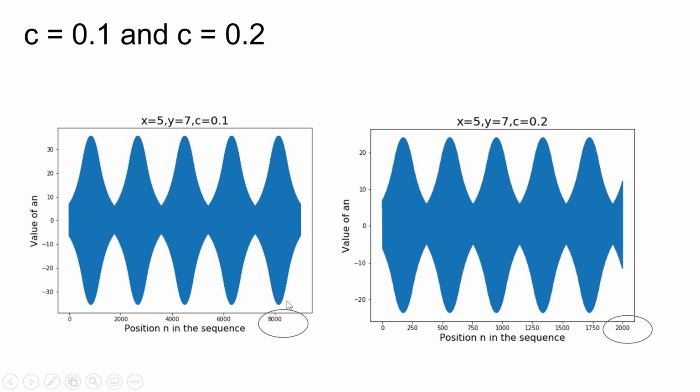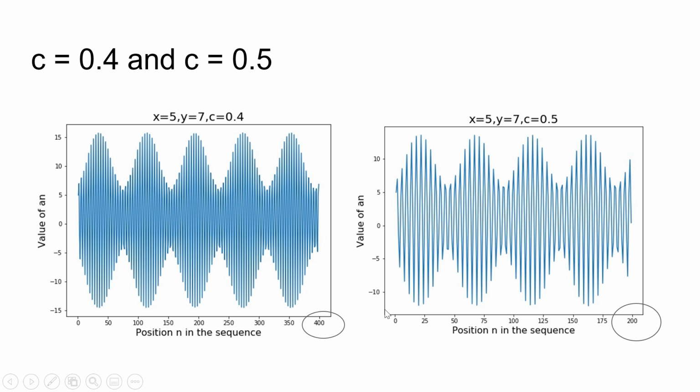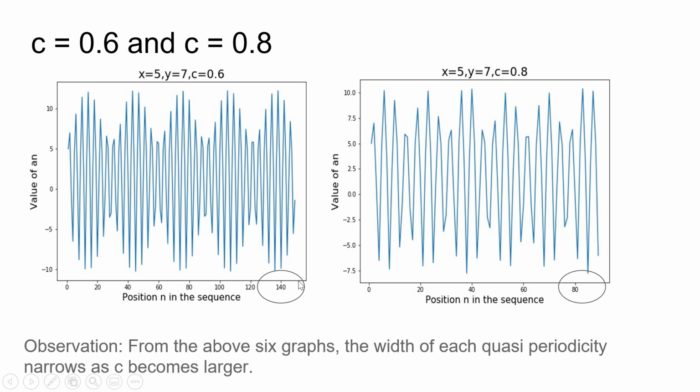In the first graph, when C equals 0.1, we need 8,000 iterations to get 5 peaks. When C equals 0.2, we need 2,000 iterations to get 5 peaks. The third graph is 400 iterations, the fourth graph is 200 iterations, this one is 140 iterations, and this one is 80 iterations.